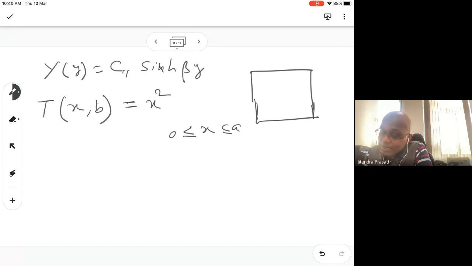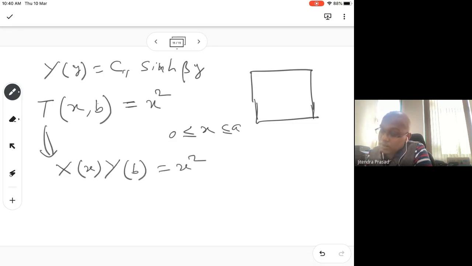So if you put that, what does it really mean? We have X of x multiplied by Y(b) equal to x square, where Y(b) is C11 sinh beta b.